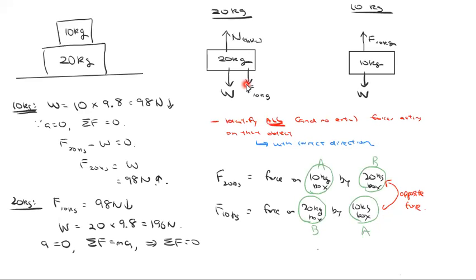That means N minus W minus F 10 kilogram equals 0. So N must equal W plus F 10 kilogram, which is 196 plus 98, which is 294 newtons. Is that clear on how we did that? Good.